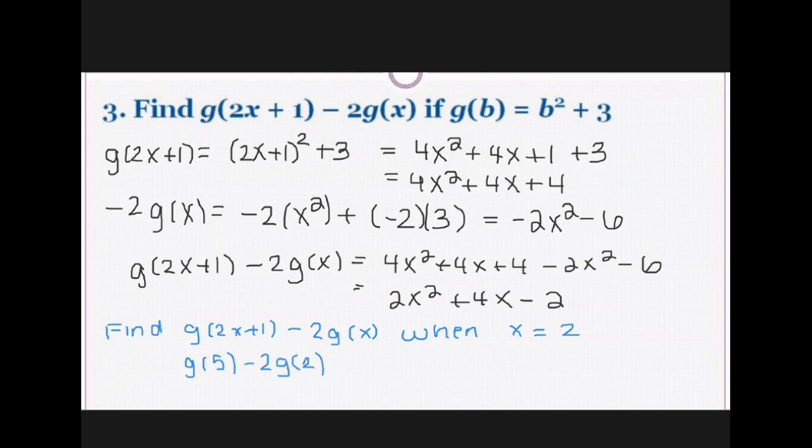Now, since I already know what g of 2x plus 1 minus 2g of x equals, you can simply plug in a 2 for every x in that simplified formula. So when x equals 2, g of 2x plus 1 minus 2g of x is equal to 14.